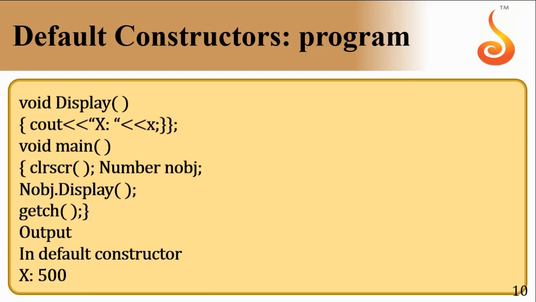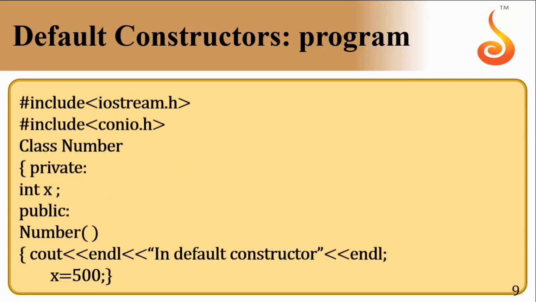So when I create an object for the class, the default constructor gets executed. It will print "in default constructor" because I have a cout statement there, and then x gets initialized to 500.